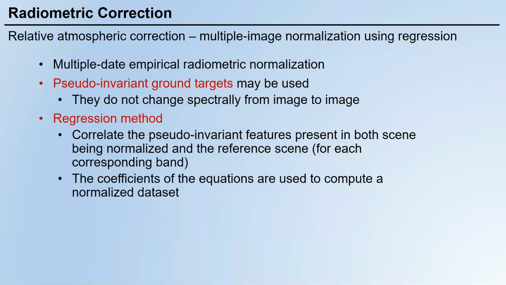You use a regression method to correct the reflectance of that parking lot. And you do this for the whole image, right? Although you're focusing on this parking lot, when you do the correction, you apply this statistical relationship to all pixels in your image. So you can do the correction for the whole image, right?